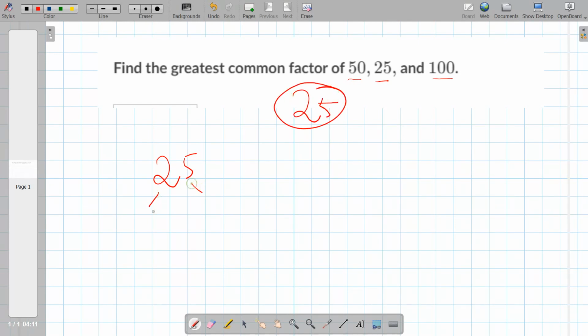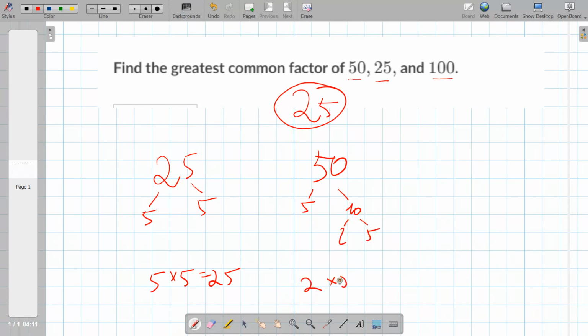So we will see 5 times 5 is 25. 50 is 5 and 10, and 10 is 2 and 5. So 2 times 5 times 5 is 50.